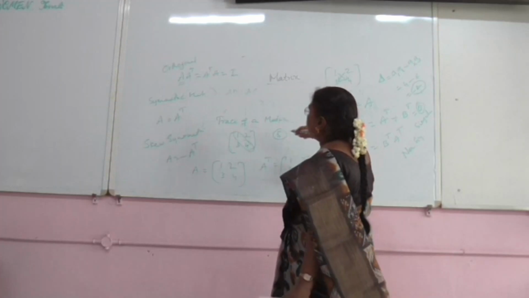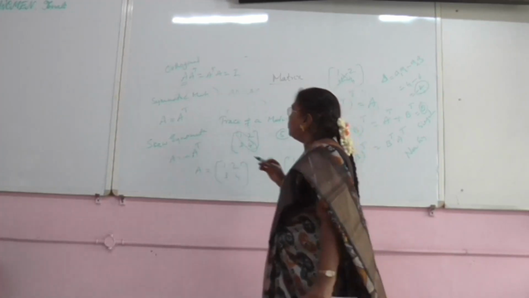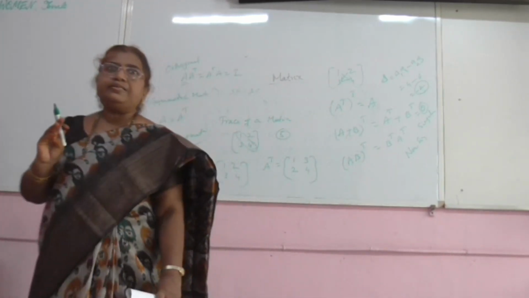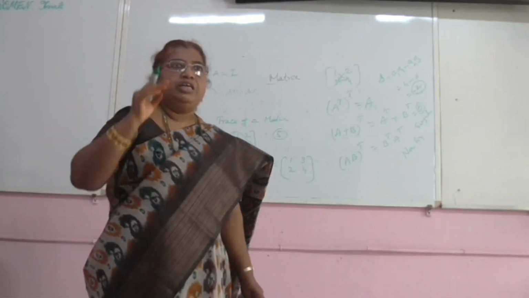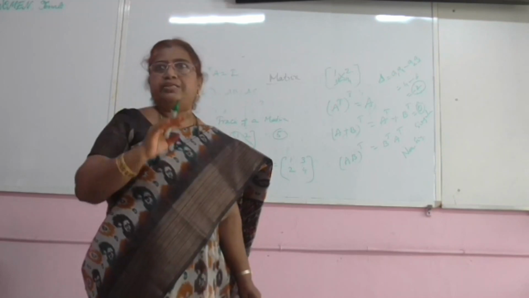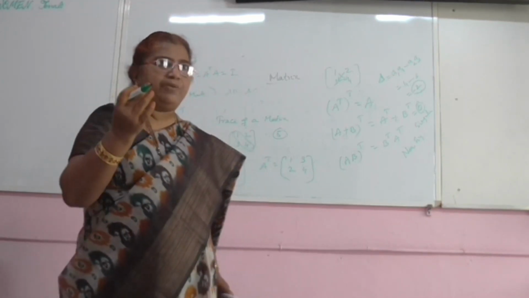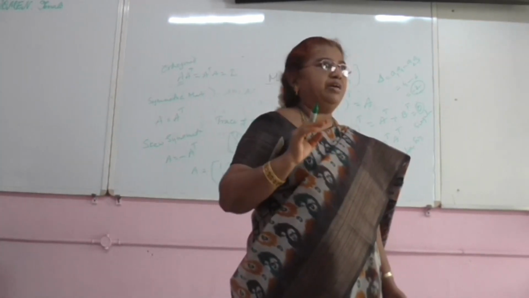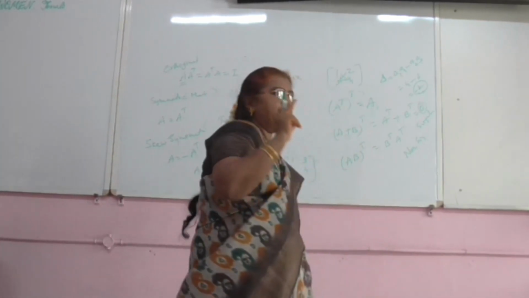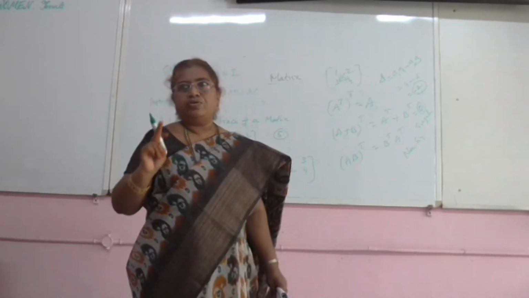These are the different types of matrices we discussed here. First one is rectangular matrix. Rectangular matrix means it has rows and columns. If rows and columns are different, then it is called rectangular matrix. If number of rows equal to number of columns, then it is called square matrix. If there is only one row, then it is called row matrix.